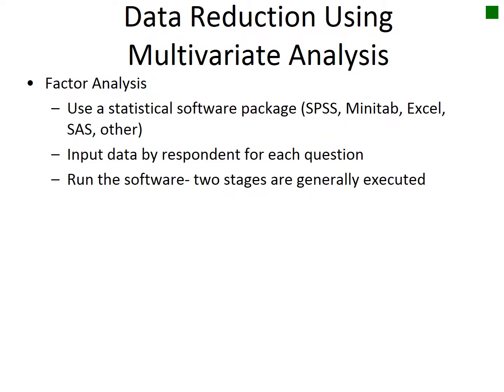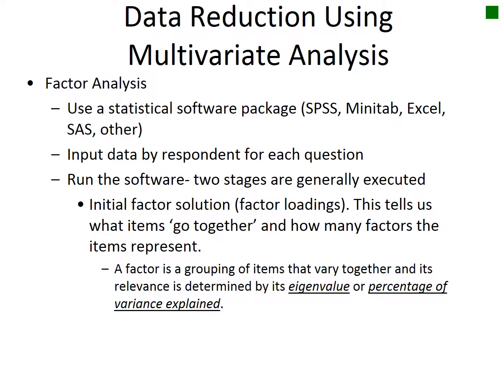And then I'd run the software to do a factor analysis or a data reduction process. When factor analysis is performed in your statistical software package, typically two different stages or steps are performed. The first step is called an initial factor solution. In this step, the software pulls apart the data and reconfigures or combines it so that similar questions are paired together.